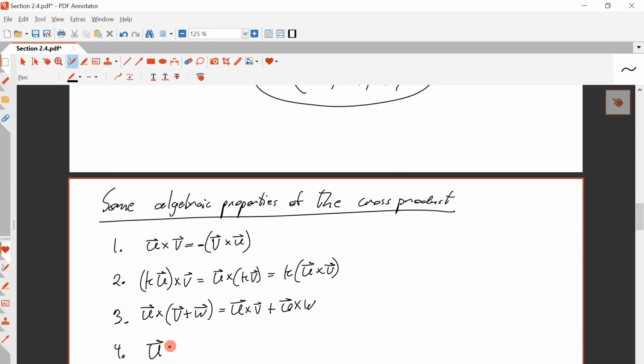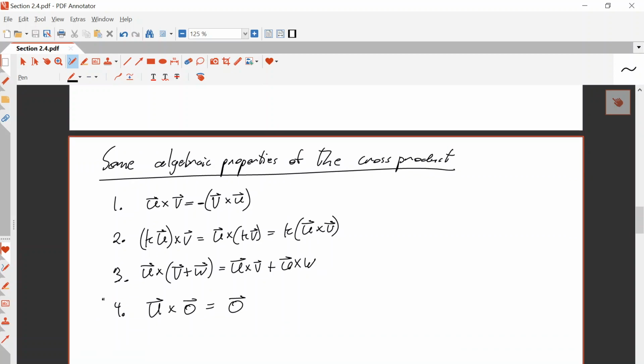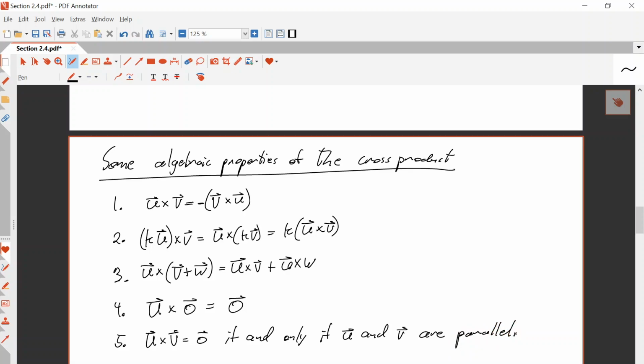And U cross the 0 vector is going to be, again, the 0 vector. More generally, U cross V is 0 if and only if U and V are parallel. And we'll see why that's the case in just a moment here.